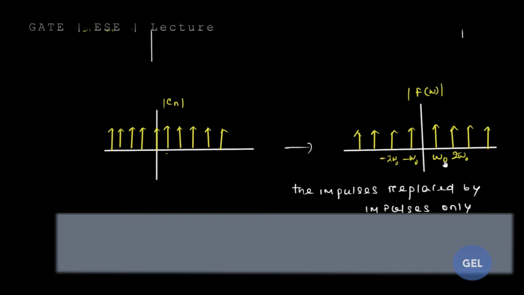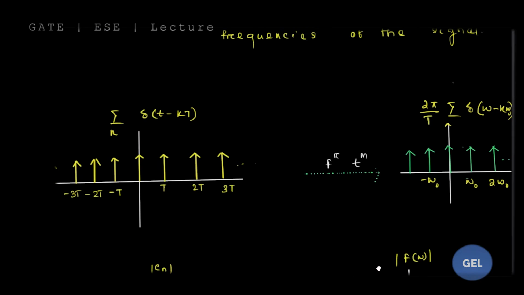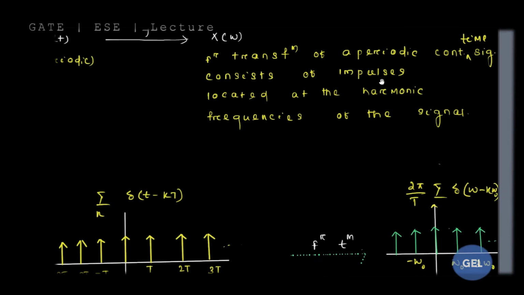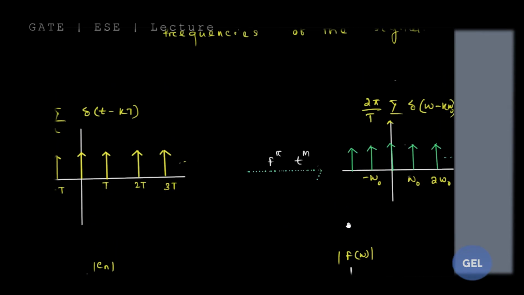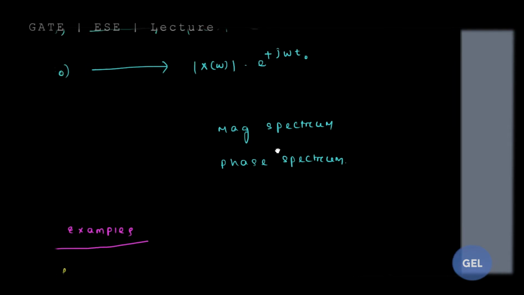Two things to remember: the Fourier transform of a train of impulses is a train of impulses, and the Fourier transform of a periodic continuous time signal consists of impulses located at its harmonic frequencies. This is the magnitude spectrum and this is the real spectrum of the actual signal. Please remember this and write it down in your own language in your notes.